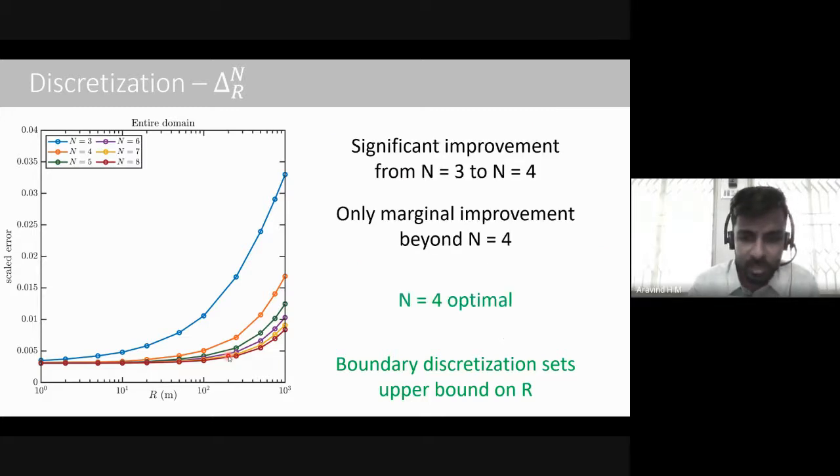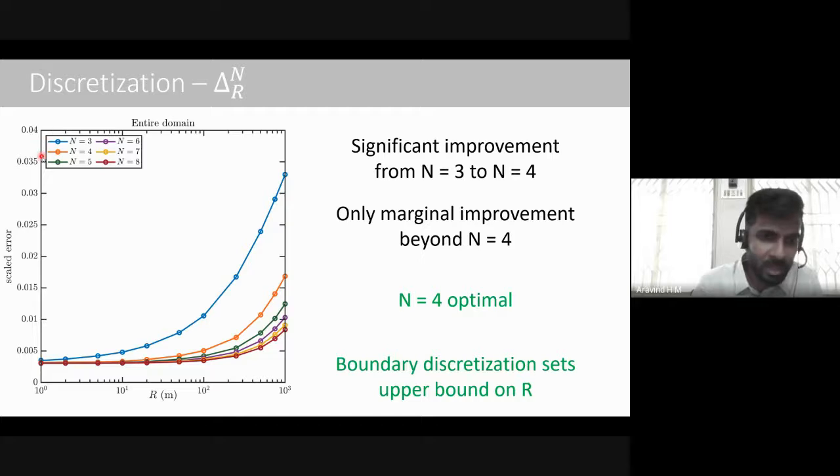The other thing that we can notice here is that there is significant improvement as we go from n equals 3 to n equals 4, and only marginal improvement beyond, which tells us that n equals 4 may be a good balance between the number of drifters being used and the number of dilation rate measurements we need to make.